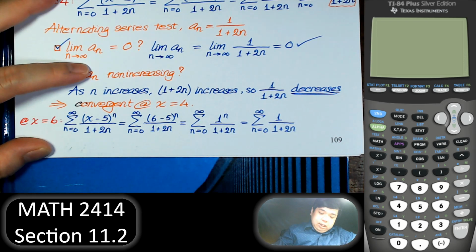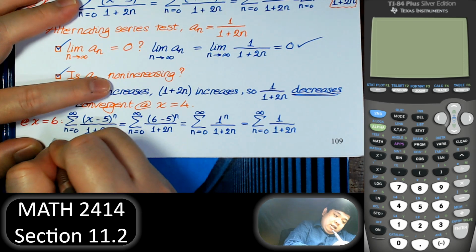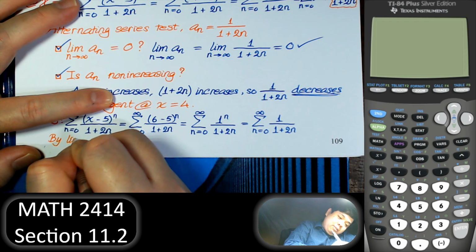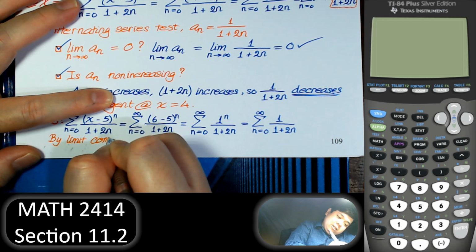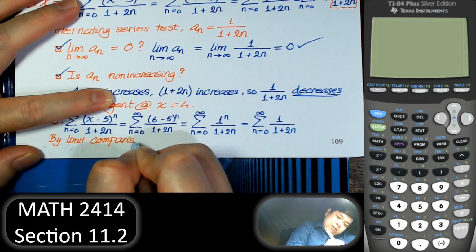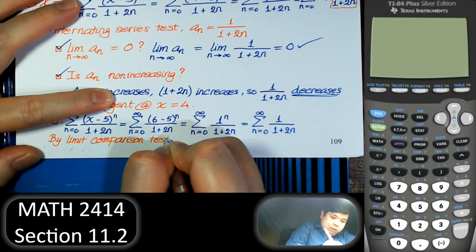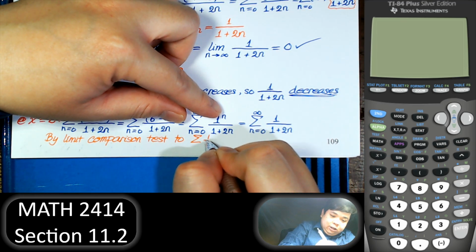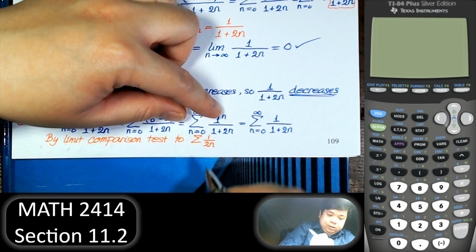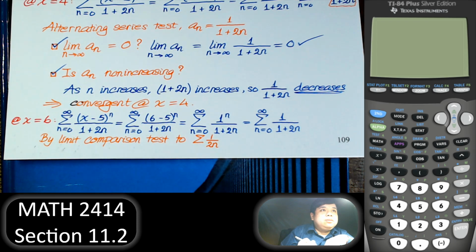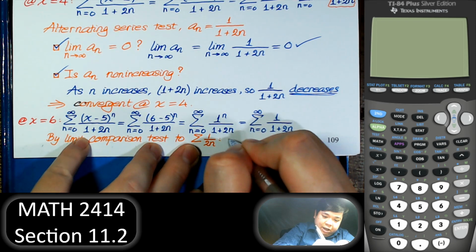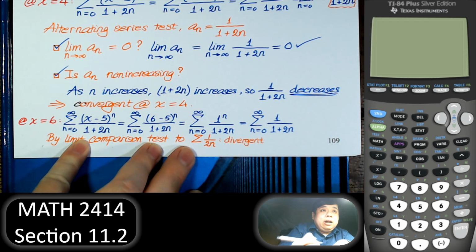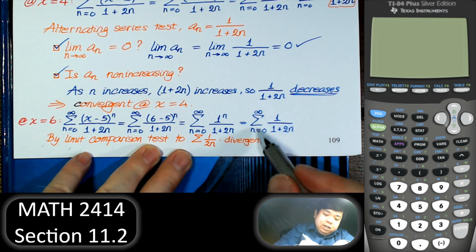I've run out of space, so I just said by limit comparison test to the series of 1 over 2n. This series is divergent, a p-series with p equal to 1.